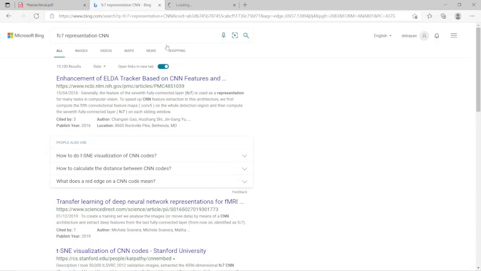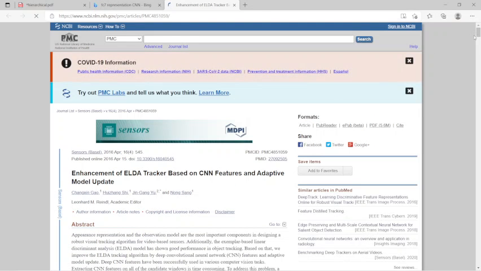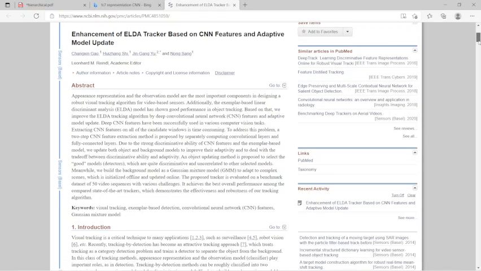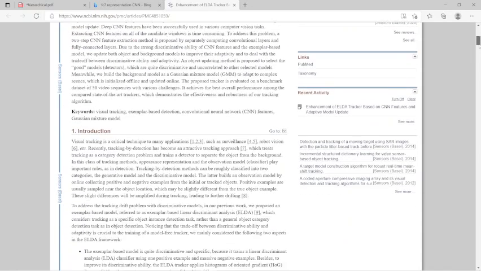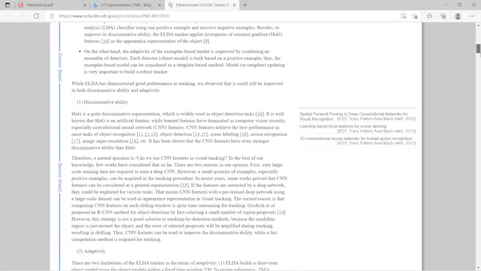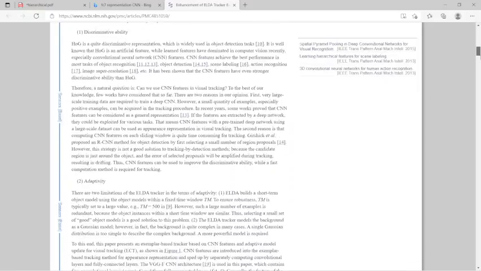It is one type of CNN network, but a fully connected one. If you see the paper, in that paper they use the FC7 representations of the CNN.